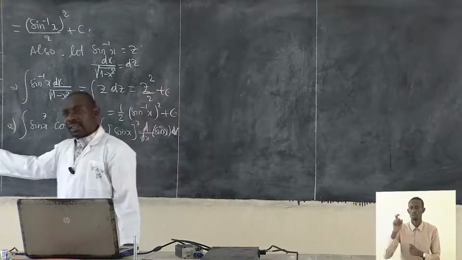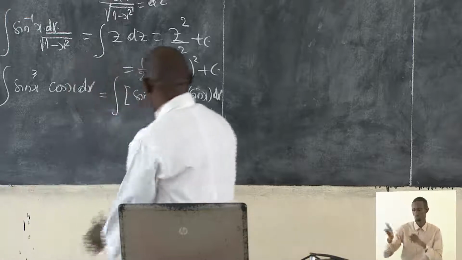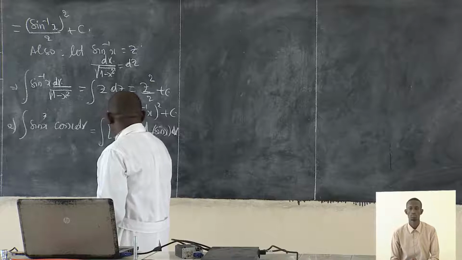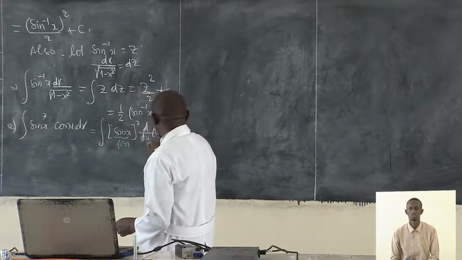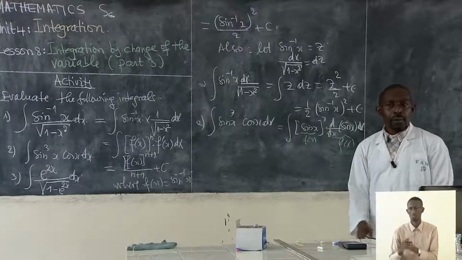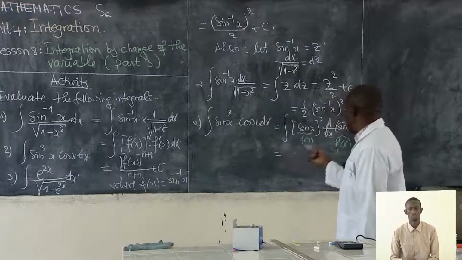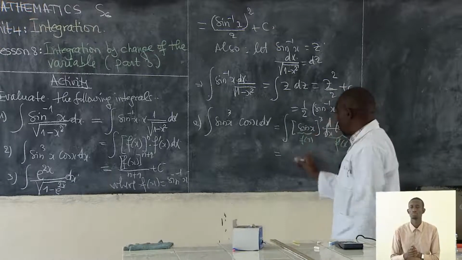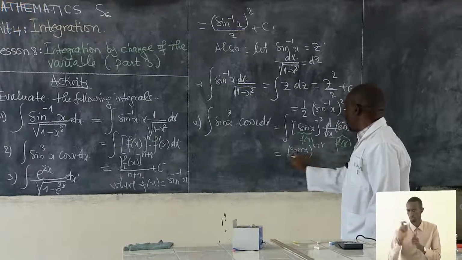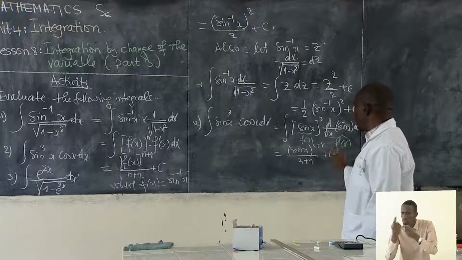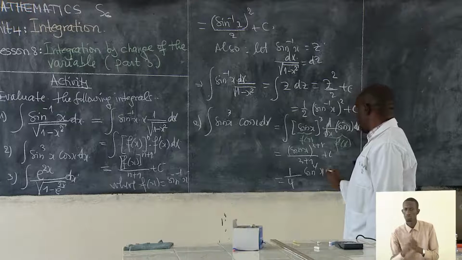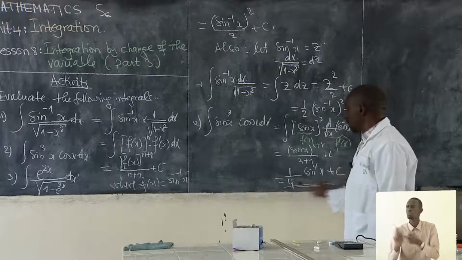It is this formula, isn't it? Means that this is f of x, and this is, of course, the derivative of the function. Means that I'll have f power n plus 1, so sine x power 3 plus 1 divided by 3 plus 1, then plus c, to get 1 divided by 4 sine x power 4, then plus c, and I'm done.